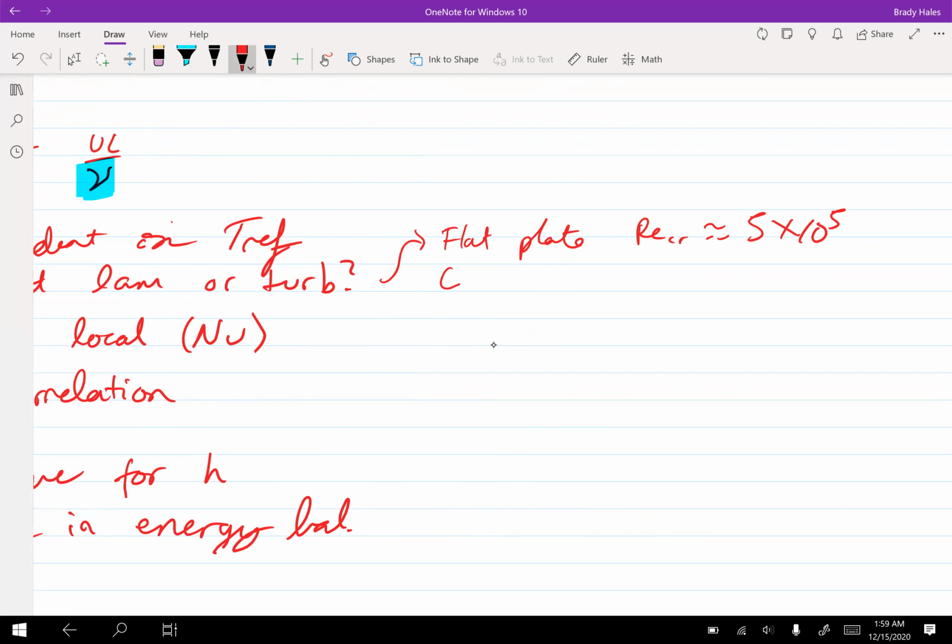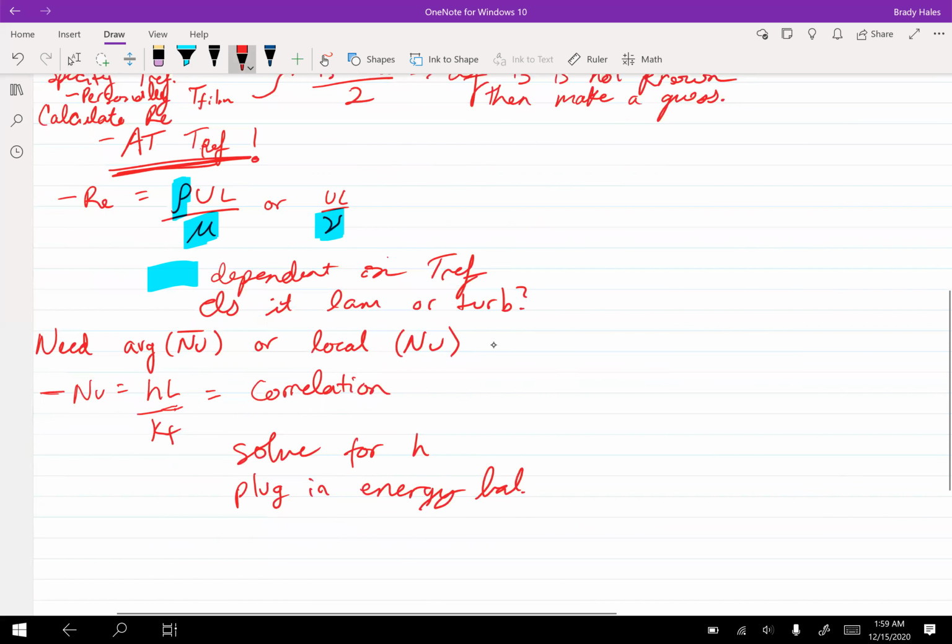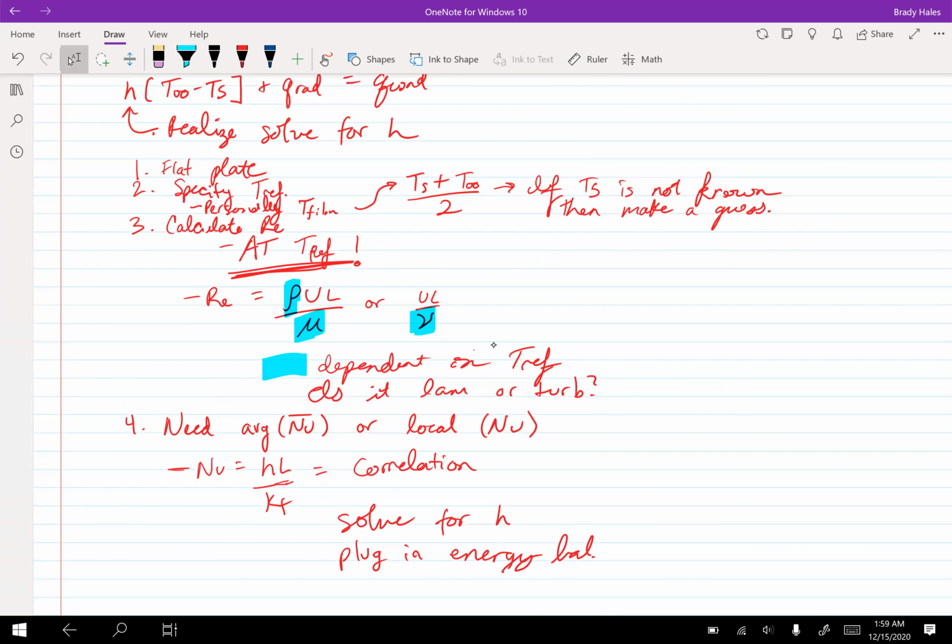And then for internal flow, or sorry, I believe it's, oh yeah, so 5 times 10 to the 5th for external flow is really what it is, I believe. That's something you'd want to check on though, because I believe it's 2300 for internal flow.